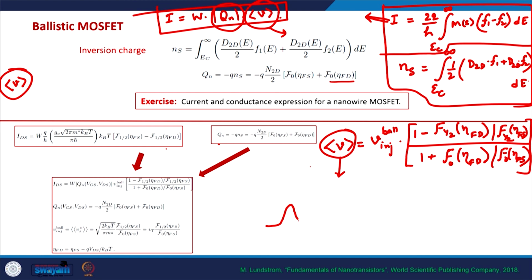So this is the barrier in the MOSFET. This is the average velocity of the electrons when a VDS voltage has been applied in the device.